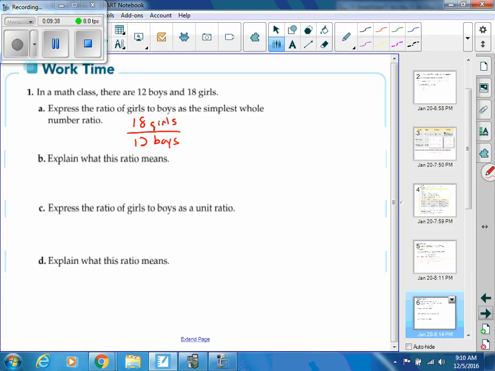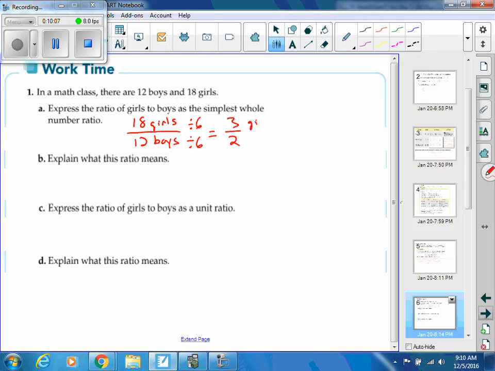If you choose to do that, you're going to have to divide by 2 a few times to get it simplified. But what I know is that 6 goes into both 18 and 12. So I'm going to divide both of these by 6. 18 divided by 6 is 3. 12 divided by 6 is 2. So my simplest whole number ratio is 3 to 2.